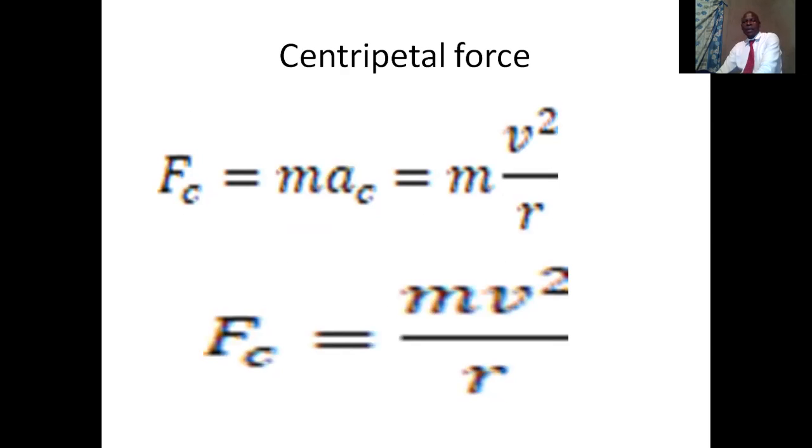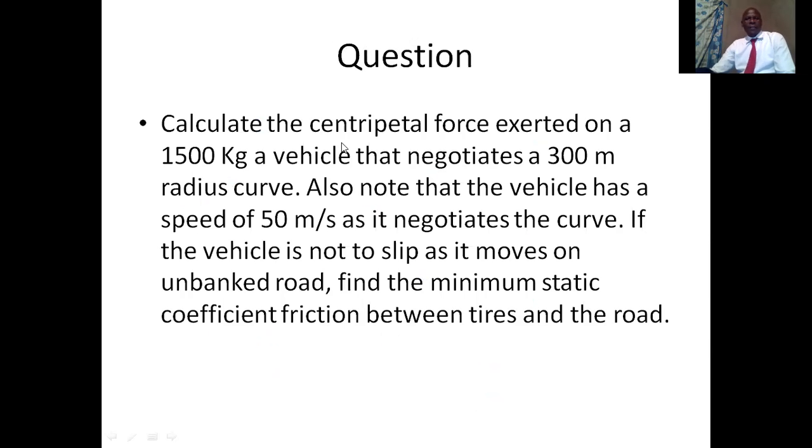And so we go straight to a simple question which will enable us to cement our understanding of these concepts. The first question reads as follows. Calculate the centripetal force exerted on a 1,500 kg vehicle that negotiates a 300 meter radius curve.